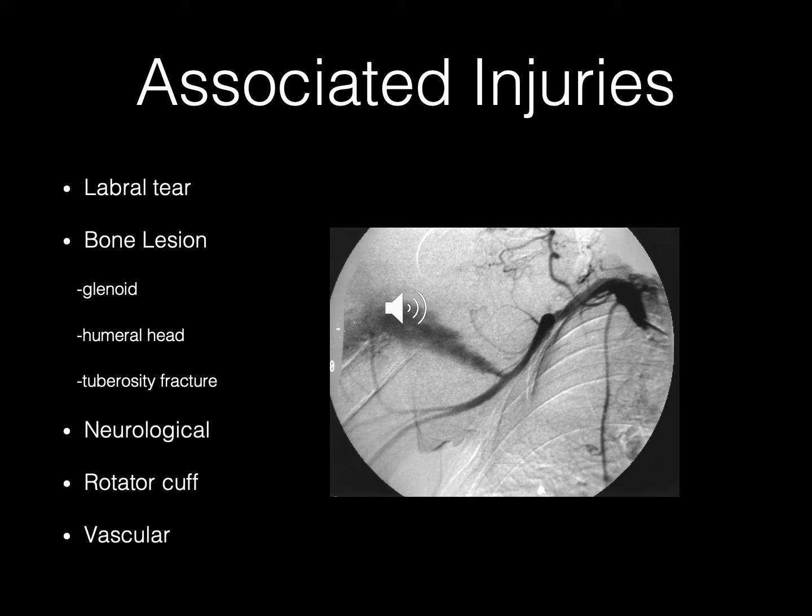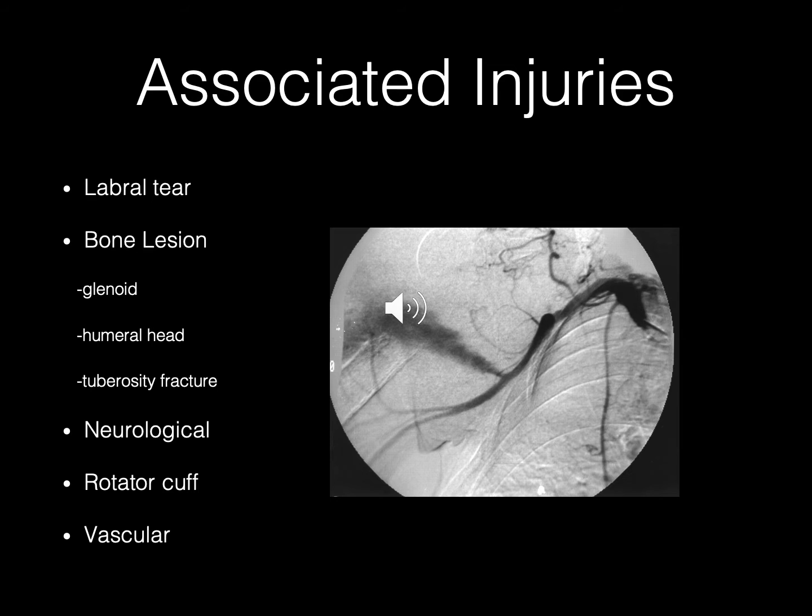Vascular injuries are uncommon, and one needs to have a higher level of suspicion in the older patient with atherosclerosis, particularly in those that have a fracture dislocation where the head is shorn off and in the axilla.